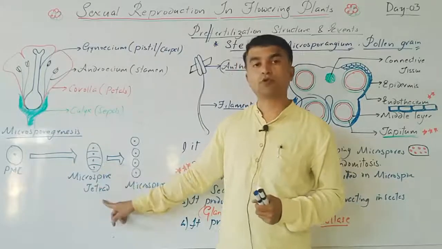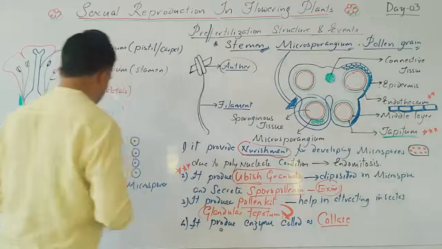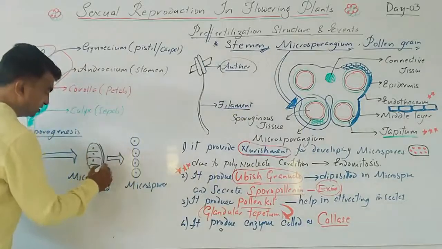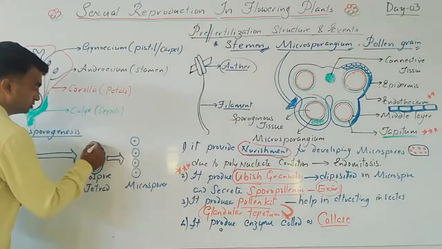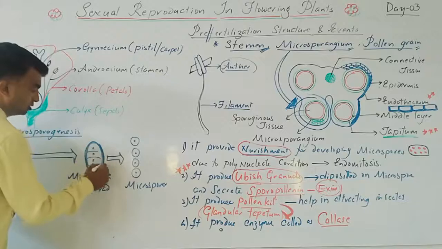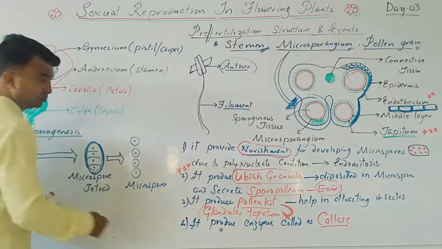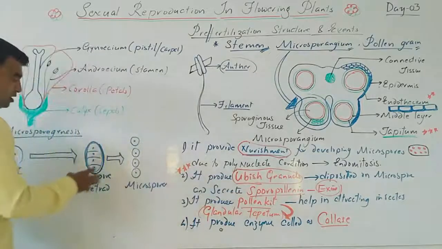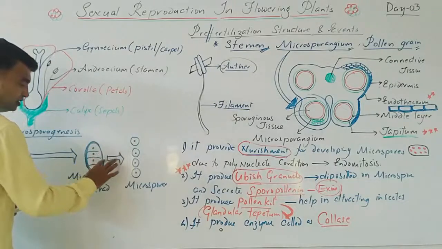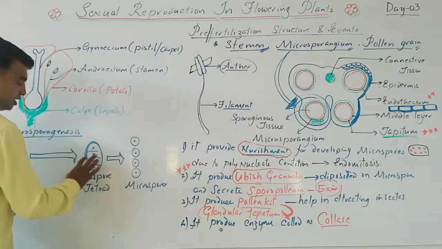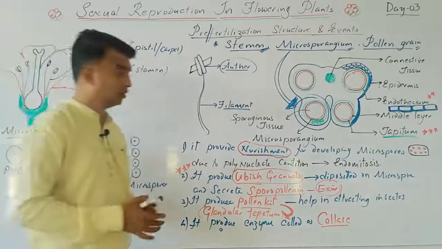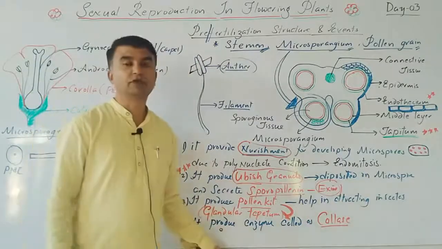So this is a microspore tetrad, which is covered with a specific chemical called callose. To dissolve this, the callase enzyme will come and dissolve the callose, and due to that the microspores separate out. So these four functions are very, very important.